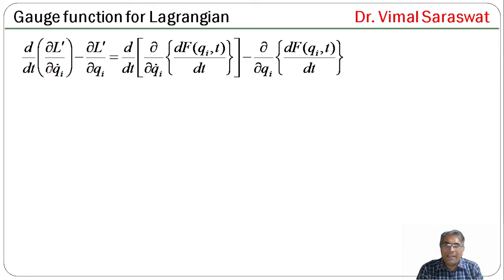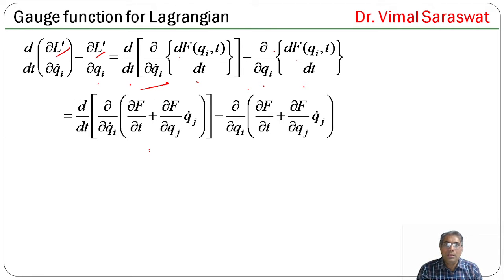Now d by dt of del by del q_i dot of L dash minus del upon del q_i of L dash is equal to d by dt of del upon del q_i dot of df upon dt, minus del upon del q_i of df by dt. And this is equal to d by dt of del upon del q_i dot of del f upon del t plus del f upon del q_j into q_j dot.